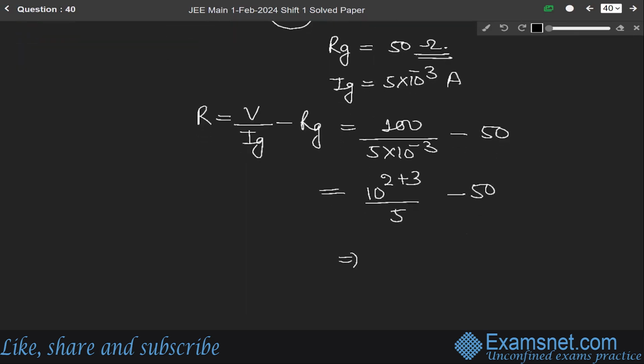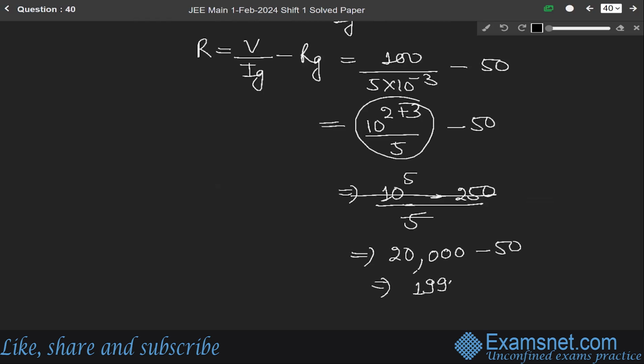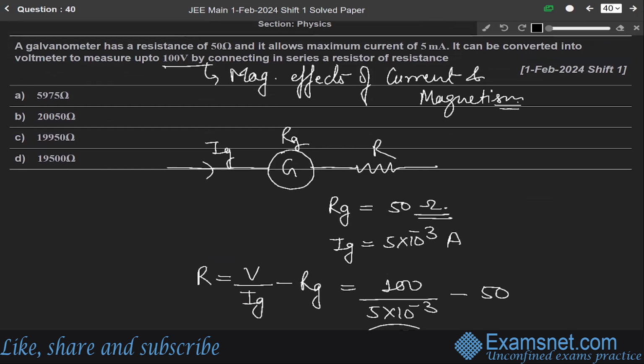So it will be equals to 10 to the power 5 over 5 minus 50. Solving it, we get 20,000 minus 50. So it will be equals to 19,950 ohm. Okay. So the correct answer is R equals to 19,950 ohm. Option C is the correct answer.